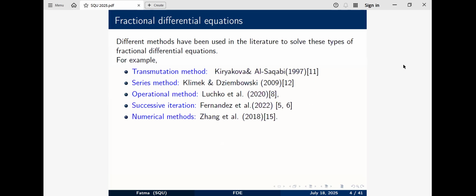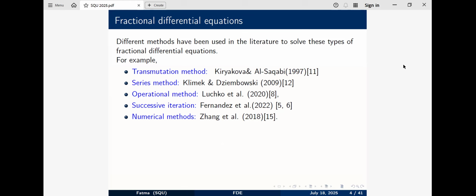Here I list some methods for solving fractional differential equations with variable coefficients. In the literature, there are several methods used for this kind of equation. The first is the transmutation method, used by Kiryakova and Sakabi in 1997 for solving fractional differential equations involving the Erdélyi-Kober derivative.